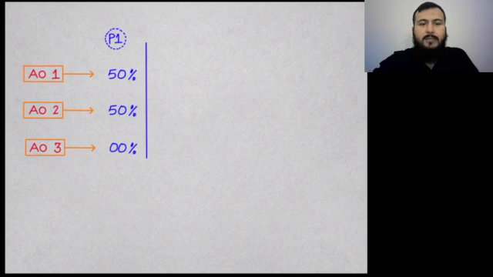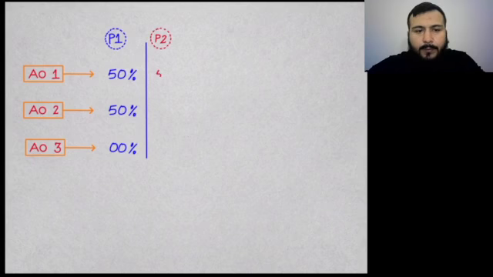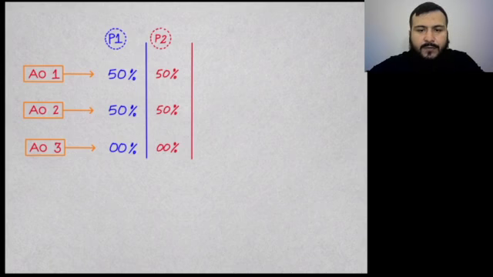You should be able to analyze, evaluate, and use that information to solve numerical questions, right? So 50% assessment objective 1 and 50% assessment objective 2. The same is copied for paper 2, which has the same 50% of assessment objective 1 and 2, and no assessment objective 3, right?